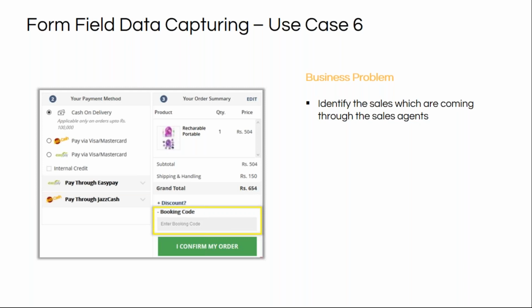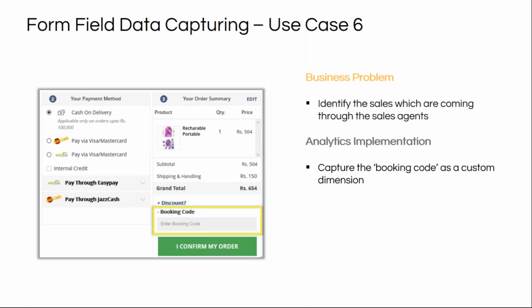So the business problem was how to identify sales coming through sales agents, and how to identify the real customer conversions. Each and every sales agent was provided with a specific unique booking code. When a sales agent places an order, he uses a unique booking code in the booking code field.